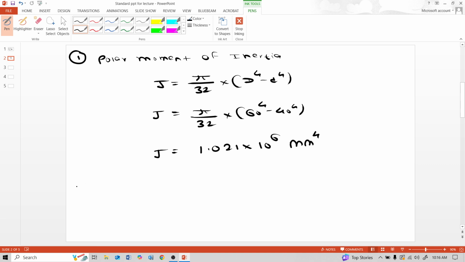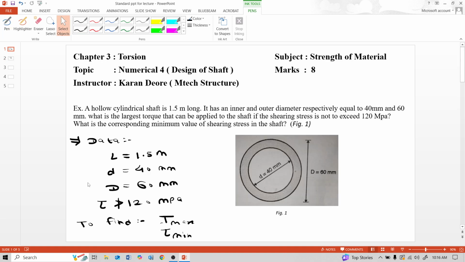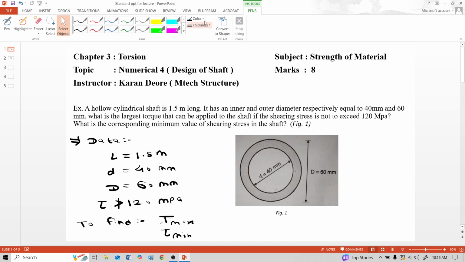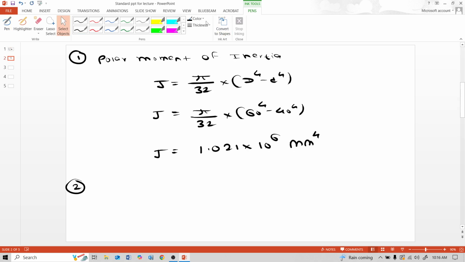Now the next step is calculation of torque, first the maximum torque. For this, maximum shear stress occurs at radius C. This is the small radius, and this is the capital radius capital R. So this maximum shear stress occurs at this capital R radius.